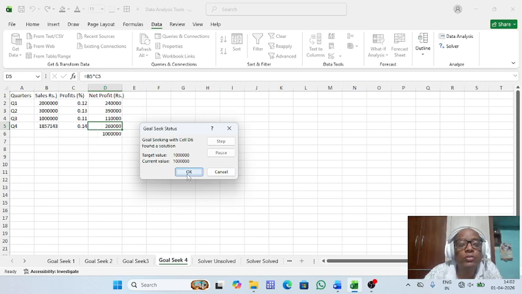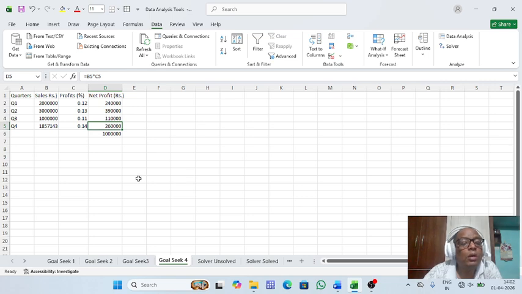The Goal Seek status will be shown. Now you can see that to get a total net profit of 10 lakhs, you need sales of 18,57,143, a rounded figure. The net profit of quarter 4 comes to 2,60,000, which is 14% profit on 18,57,143.